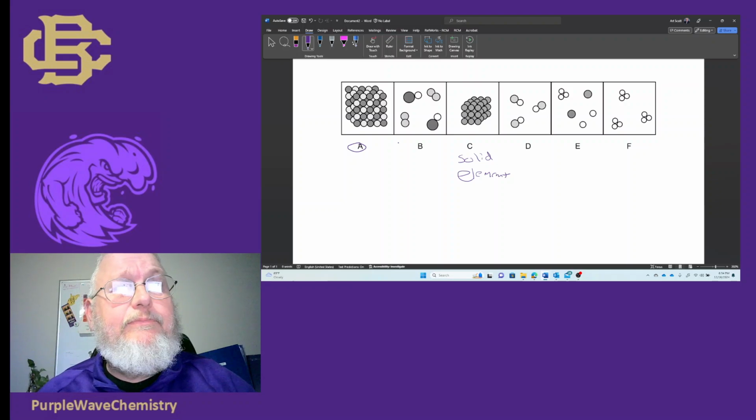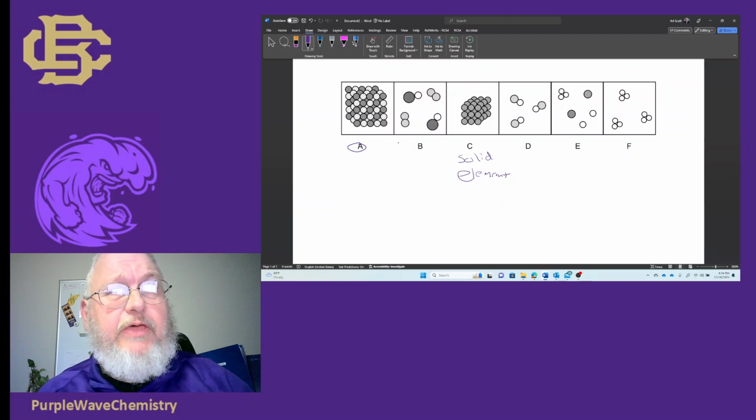Now, A has also got several particles. It's all mixed there together, and they're close together. So that tells me that this is also a solid. What else can I say about this one? I can say that I've got two different types of particles there.